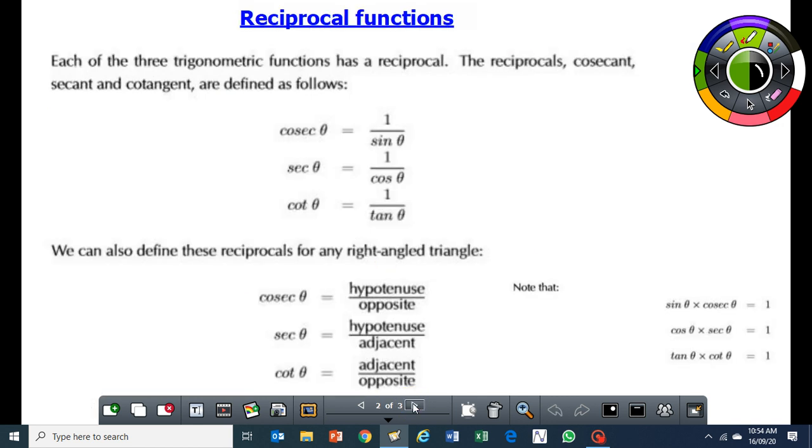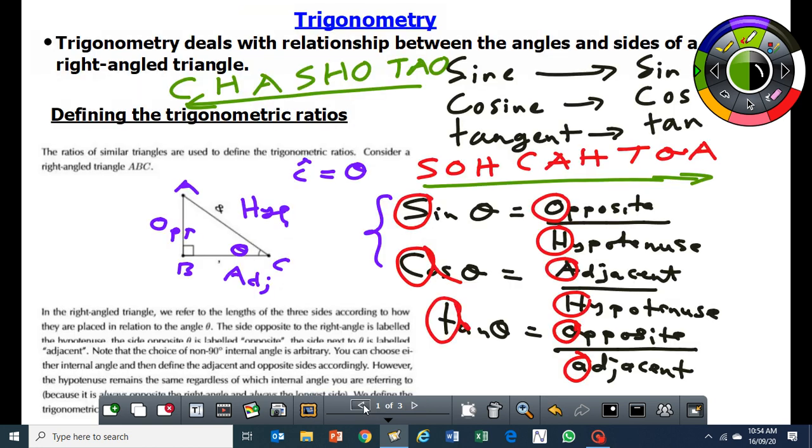Right? So, we also have what are called reciprocals of the three trigonometric ratios. Besides the way that I wrote them here, generally, you don't have to write opposite over hypotenuse in full. If you write sine theta, you can write this as equal to O over H. We know what the O stands for, opposite, and the H for hypotenuse.